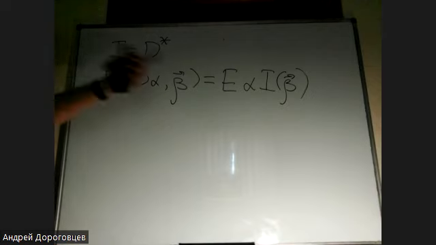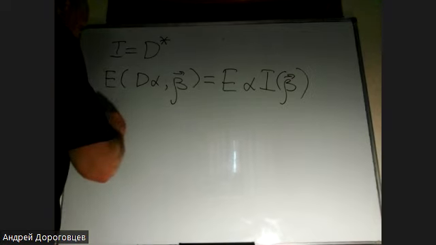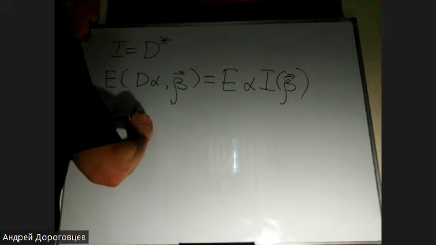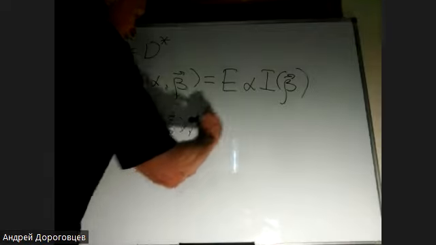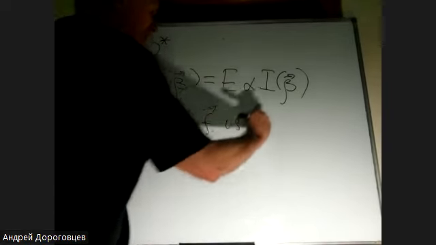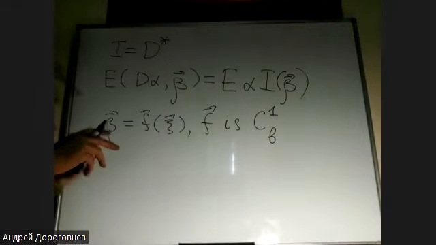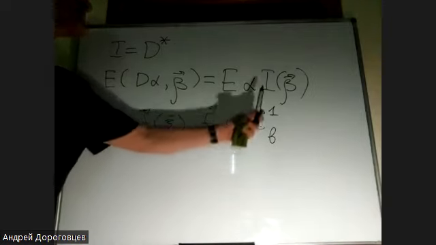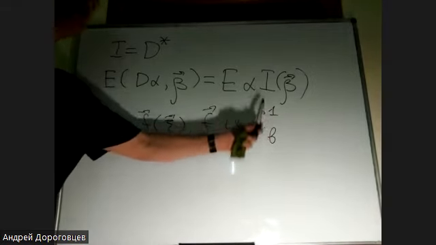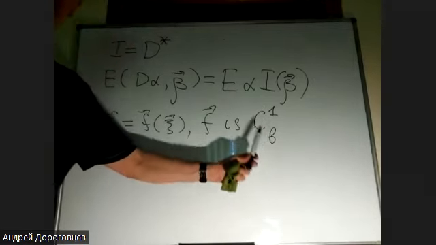So one can get the expression of the adjoint in coordinate form. If we suppose that beta is represented as f of psi, where f is C^1_b, we remember we denote in such a way functions which are once continuously differentiable and are bounded together with the derivative.